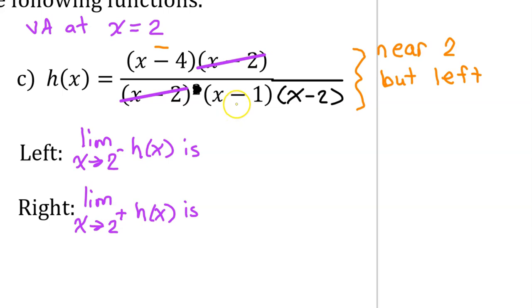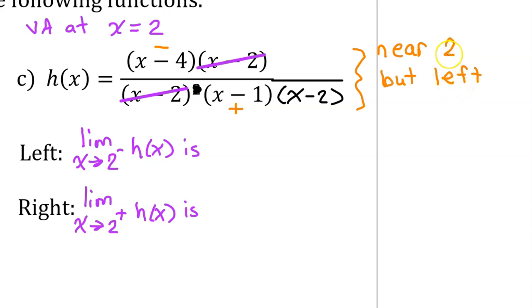In the denominator, the x minus 1, we can again just plug in the 2. 2 minus 1 is 1. That's positive. So near 2, x minus 1 is positive. We can't just plug in the 2 for x minus 2 because that would just give us 0. So this is the one where we have to say, but to the left, a little bit to the left.